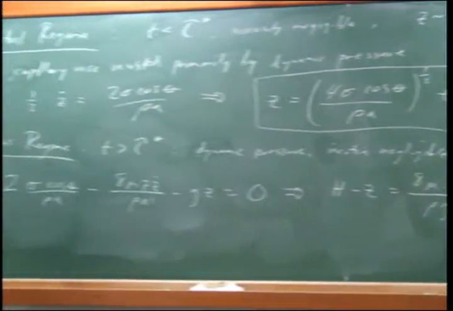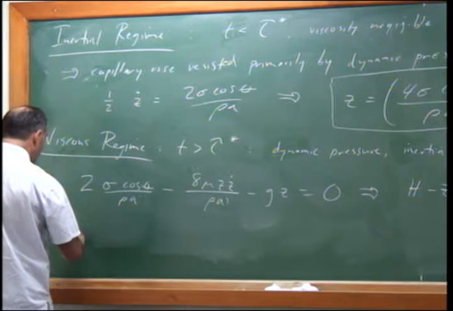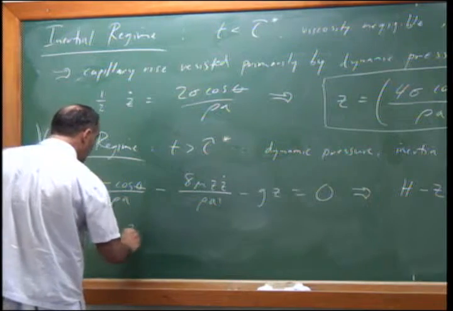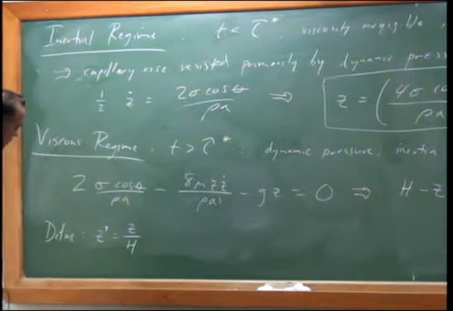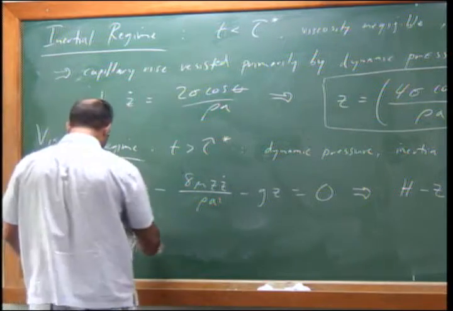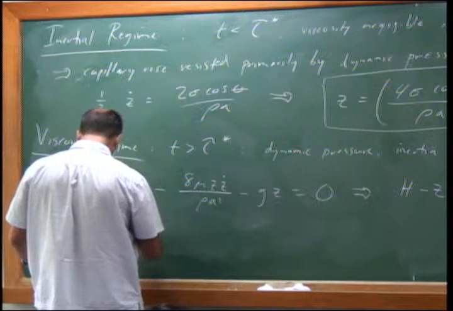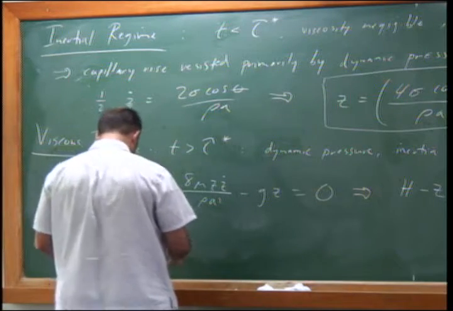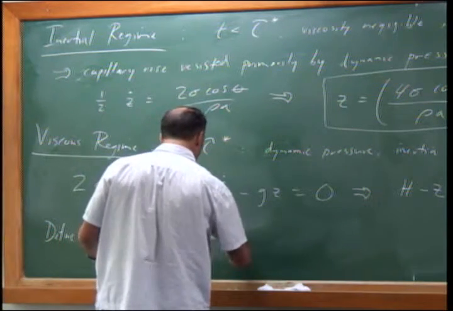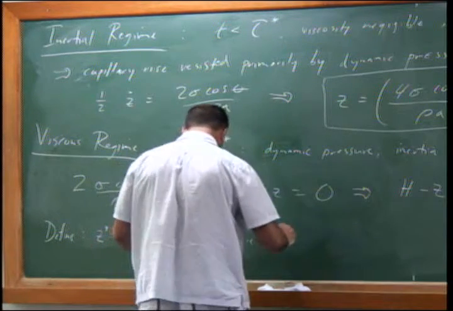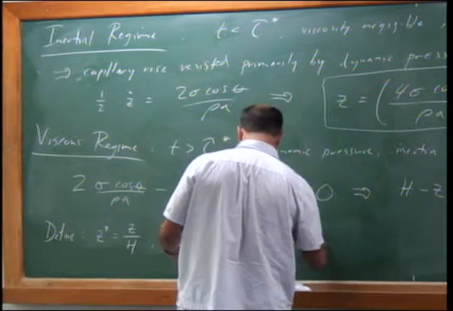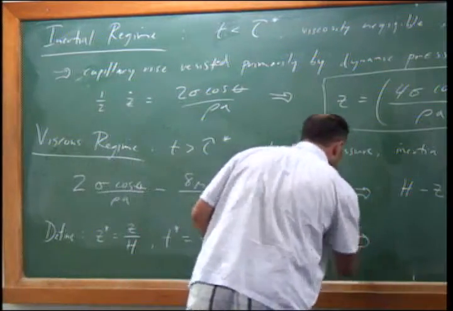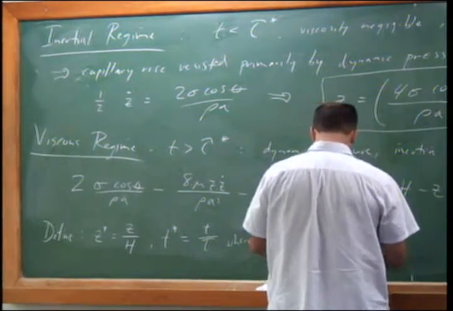Okay, so if we scale, define dimensionless variables, so we define our Z star as our column length divided by the equilibrium height, so that's going to approach 1 as time goes to infinity, and the time... okay, and we choose this one for mathematical expedience, then we get the following dimensionless equation.